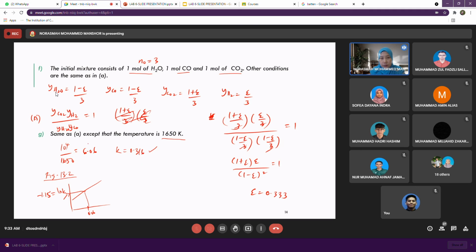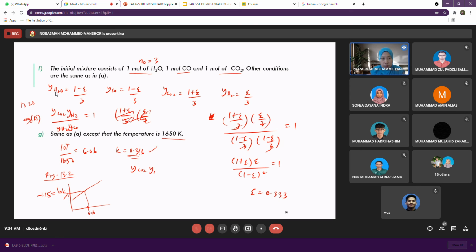Okay, now you masuk dalam equation A ni. Okay, equation A. Sorry, bukan equation A. Equation 13.28 tadi lah. Sebab K dia sekarang yang ni. So, you substitute ni.